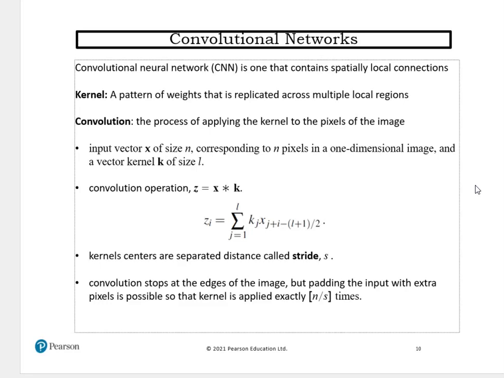Typically we want the first hidden layer to detect many kinds of features, not just one. So for each local image region, we might have D hidden units with D different sets of weights. This means that we would have D times L weights in all, a number that is way smaller than the n squared that we were talking about earlier.